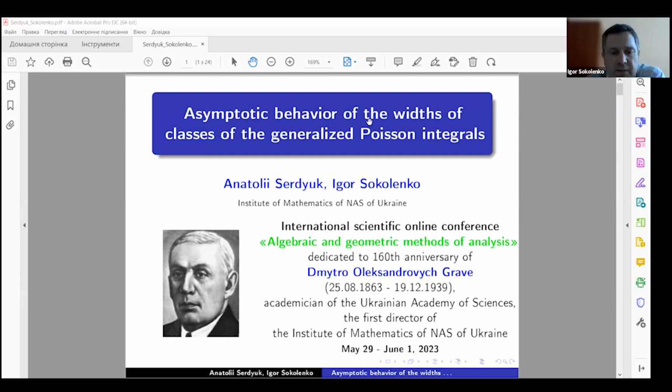The title of the talk is Asymptotic Behavior of the widths of classes of generalized Poisson integrals. It is a joint work with Professor Anatoly Serdyuk.